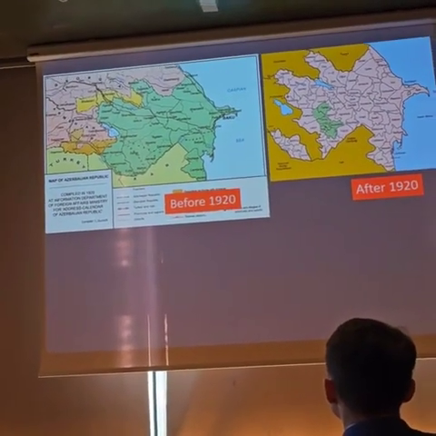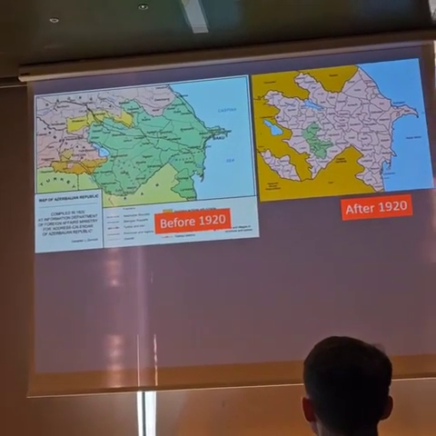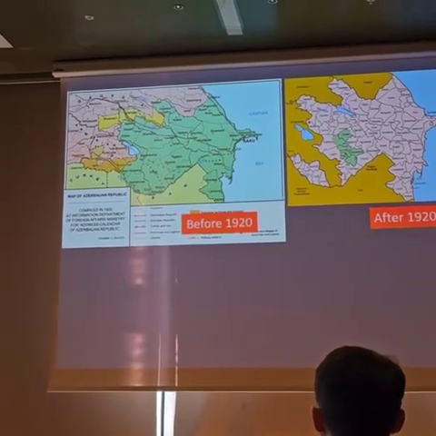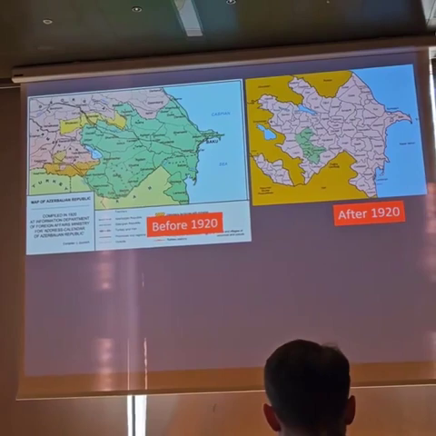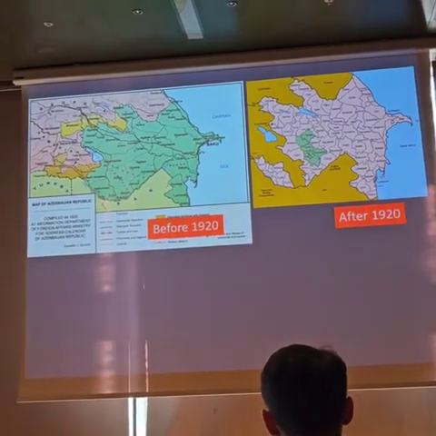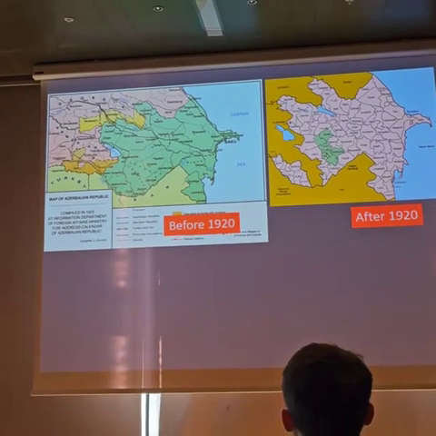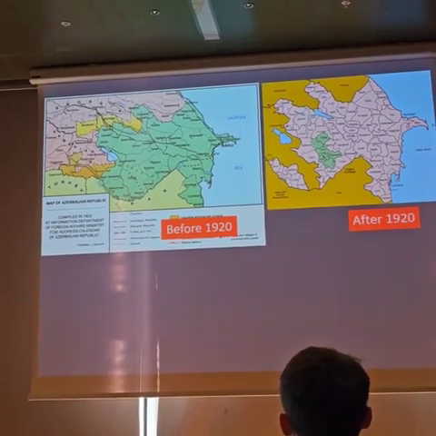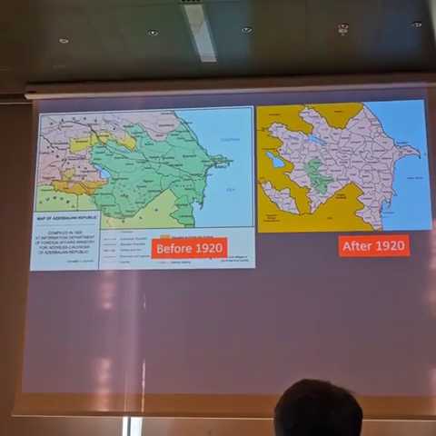So, why did I call it the Azerbaijan flap? To understand why, it would be useful to take a brief look at Azerbaijan's 100 years of history. These are maps of my homeland, Azerbaijan, before and after 70 years. On the left side you see before, and on the right side you see after.